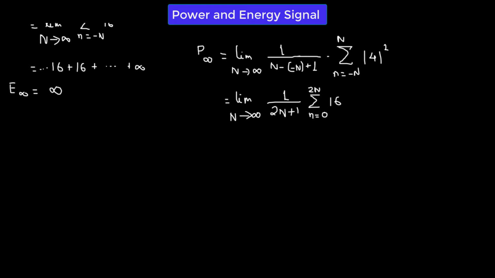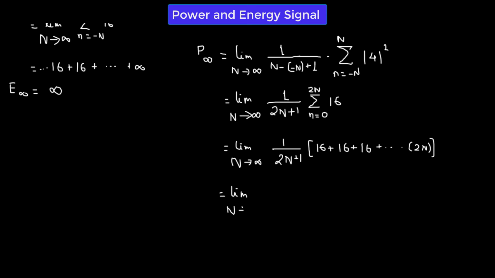So that gives us the limit as n goes to infinity of 1 over 2n plus 1 times 16 added to 16 added to 16, and this runs for 2n times.